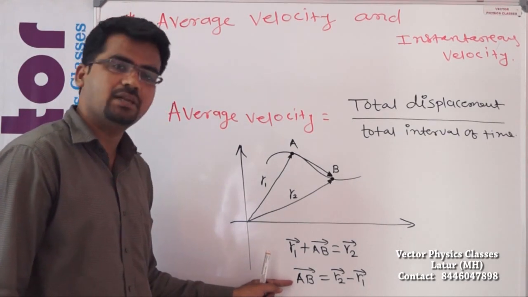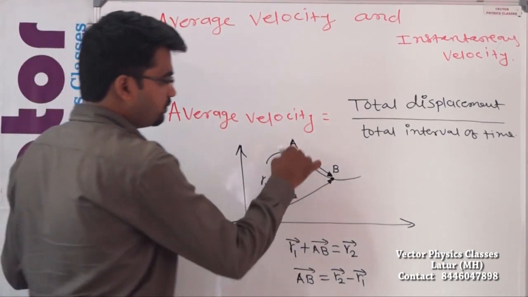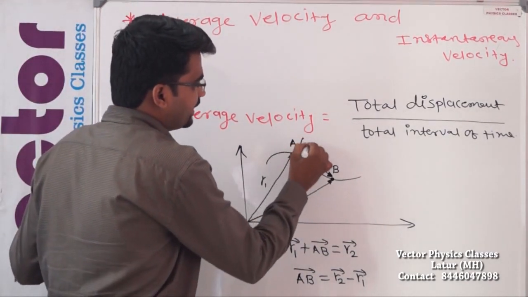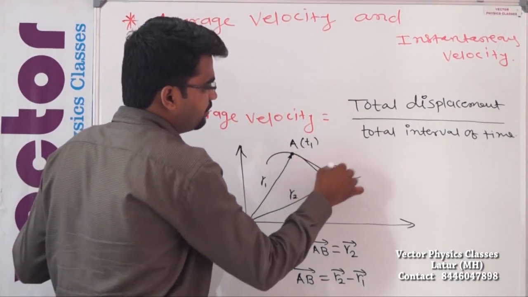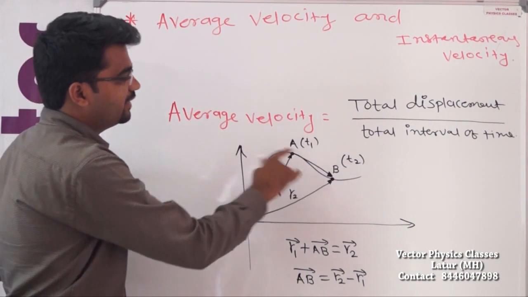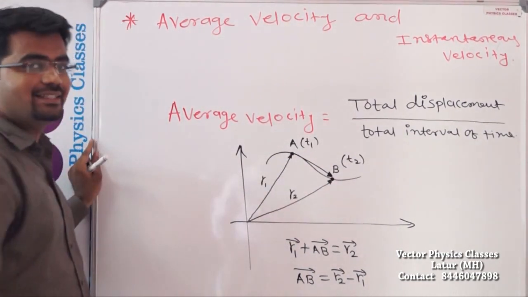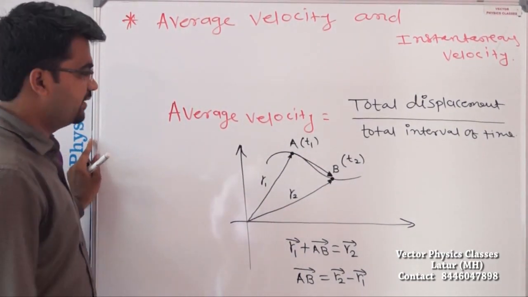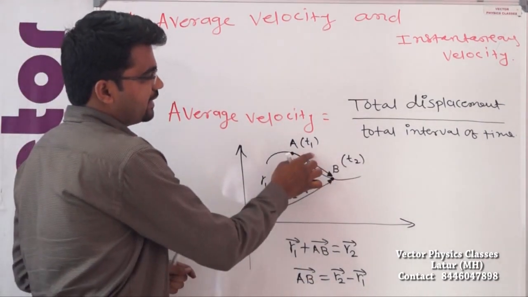This is the total displacement vector. The position of the particle is at A at time t1 and at B at time t2. So the total time required to change this position is t2 minus t1.